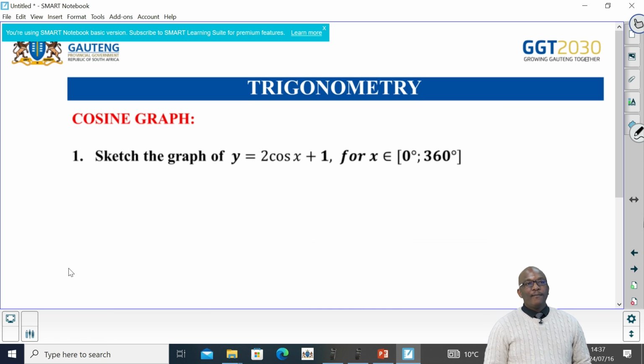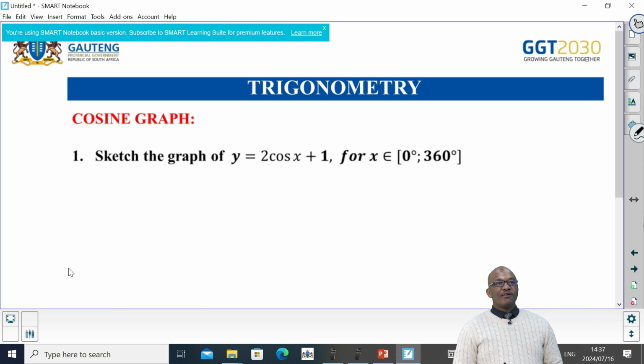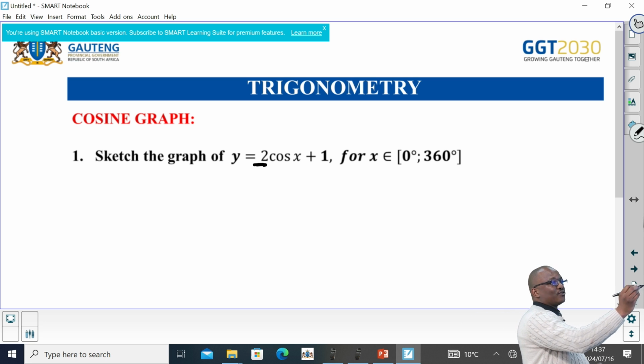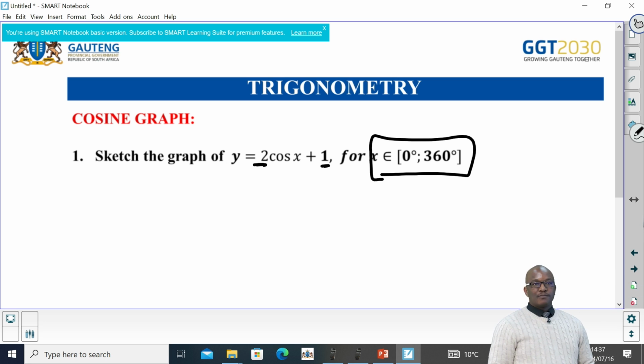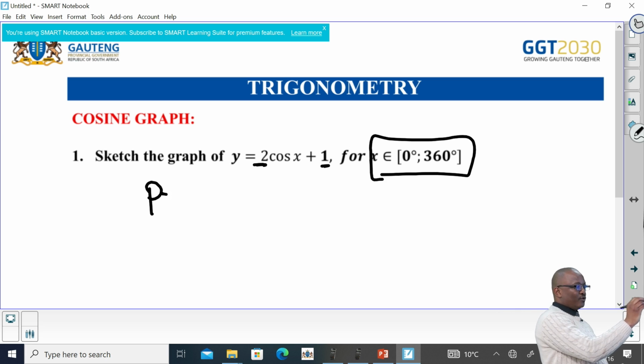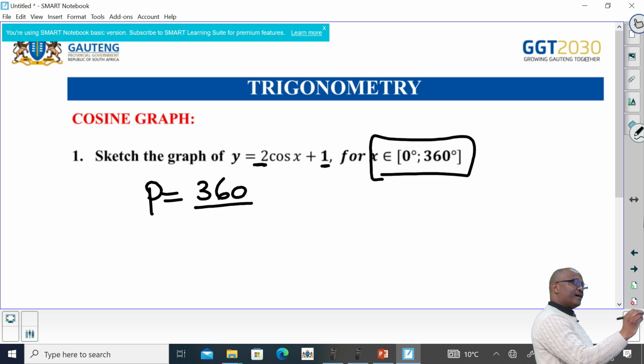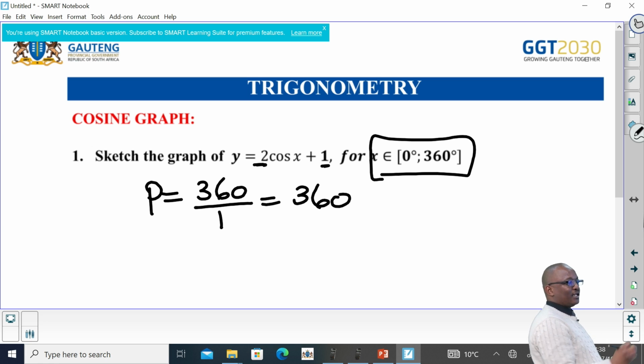Correct. So now, having our graph of cos, now cos has the effect of 2 and 1. And we still draw the graph from 0 to 360. So, always advisable to start with a period. Then we'll divide it by 1, which is the ghost one, the value in front of x. Then you will get 360.